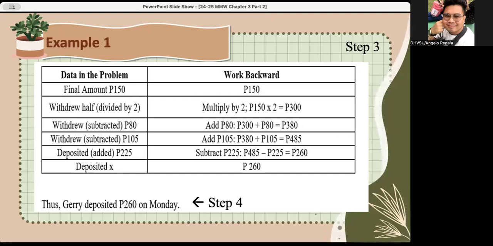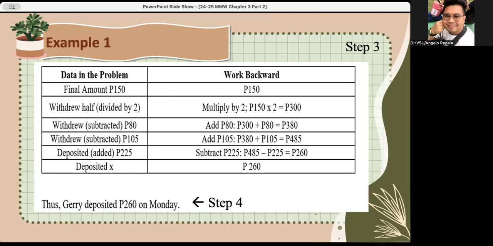Okay? So bago siya mag-withdraw, meron siyang 300 pesos. And then nung Thursday, nag-withdraw siya ng 80. So since inverse operation tayo, from withdrawal, magiging deposit, which is mag-a-add. So 300 plus 80 is 380. Then on Wednesday, nag-withdraw ulit siya ng 105. So inverse ng withdrawal is deposit.